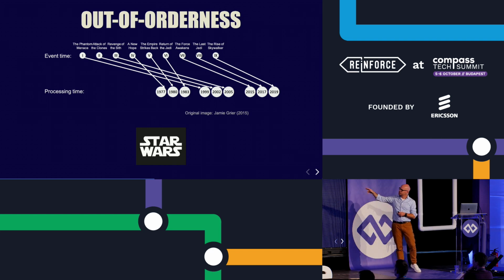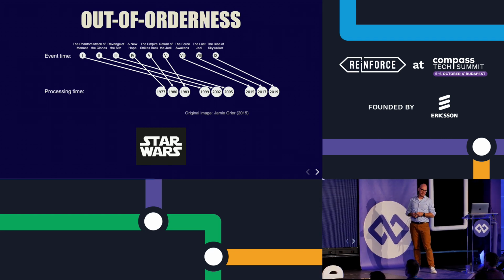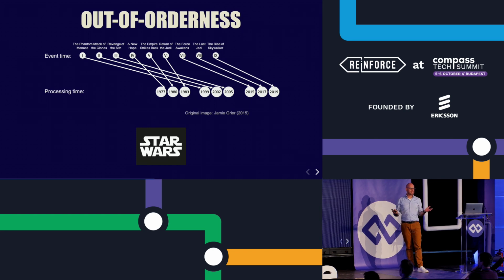We started with Star Wars 4, which was actually the fourth movie in line in the Star Wars universe. So event time is the time when the actual events happened in the universe. That's the events that matter. And the processing time is just the time that we see them.